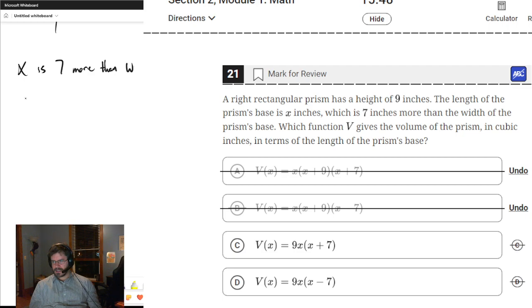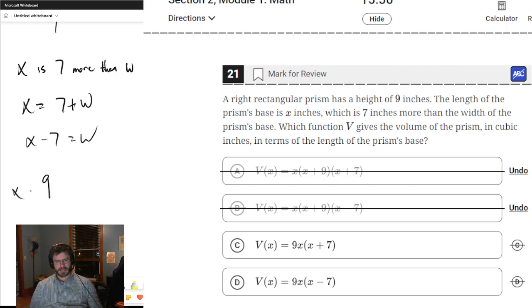If that's the case, x is 7 more than the width of the base. So x equals 7 plus w. That means w equals x minus 7. So if I want to get the volume of this thing, it's the length times width times height.